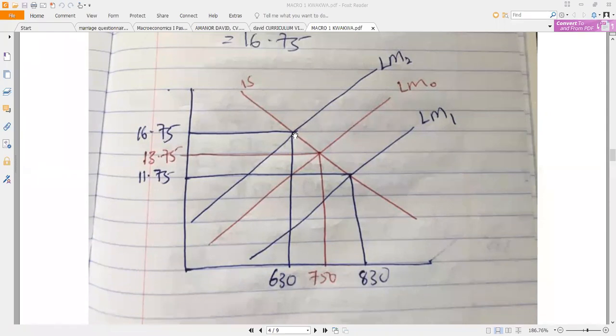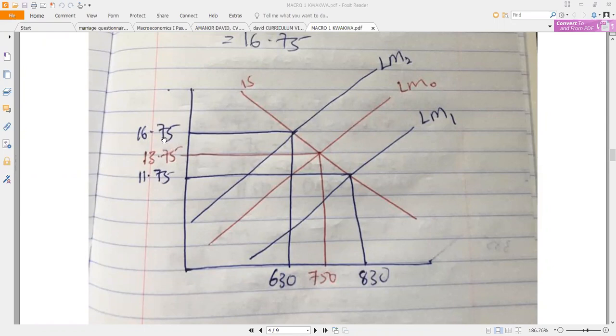So now money demand is more than supply of money. So we have excess demand for money in the money market. In the bonds market, it means there is excess supply of bonds. Okay, and that will cause the price of bonds to fall. And whenever the price of bonds falls, the interest rate will go up because of the inverse relationship between the two.